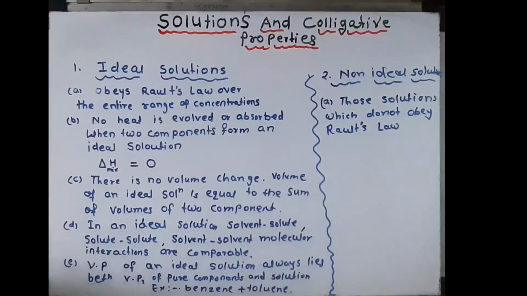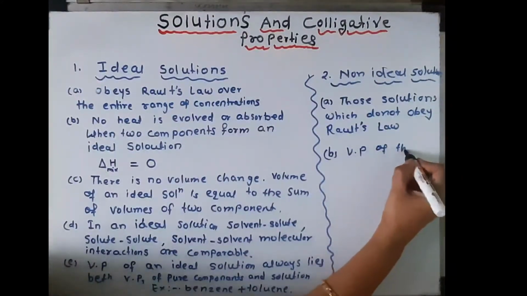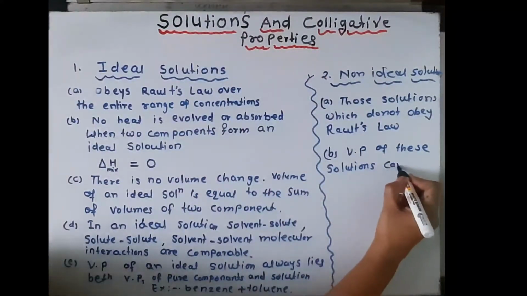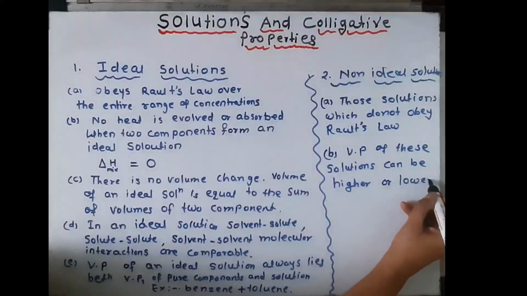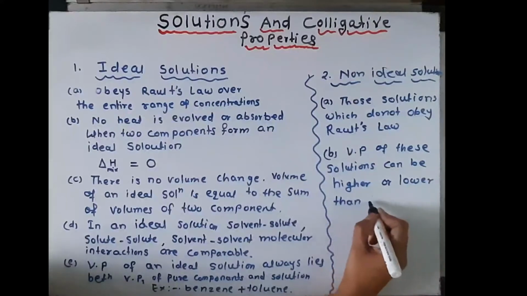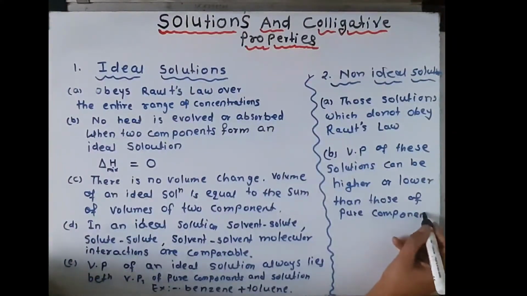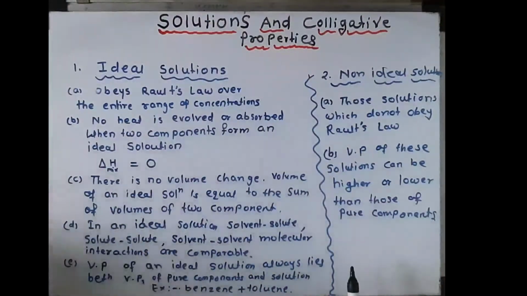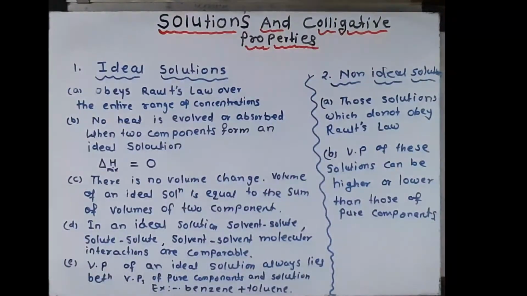Those solutions which do not obey Raoult's law are called non-ideal solutions, and the vapor pressure of these solutions can be higher or lower than those of the pure components.